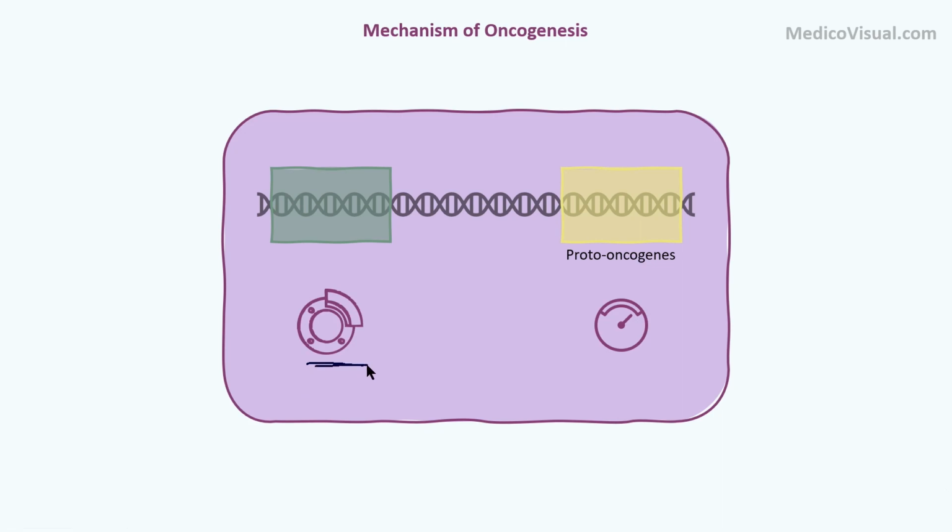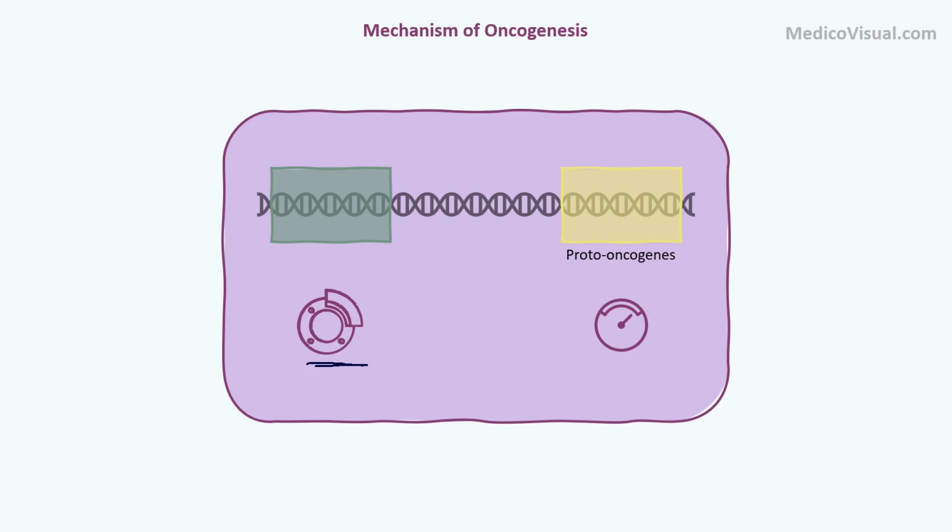They arrest the cell cycle temporarily, so that they allow the cell to repair its DNA. And if DNA repair does not occur, it will either cause permanent cell cycle arrest, or it may even induce apoptosis of the cell.